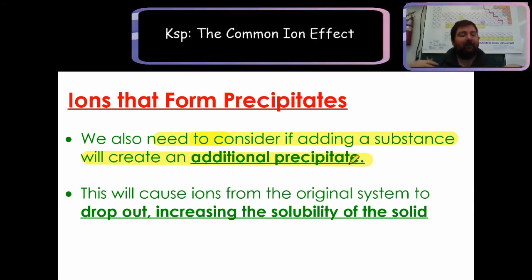If it adds a brand new precipitate into your mix, then the ions that make that precipitate are no longer able to be used in your original system. So the ions from the original system are going to drop out. If those ions can't be used, then that means we can make more of the solid that came in that original system. So the solubility will go up.